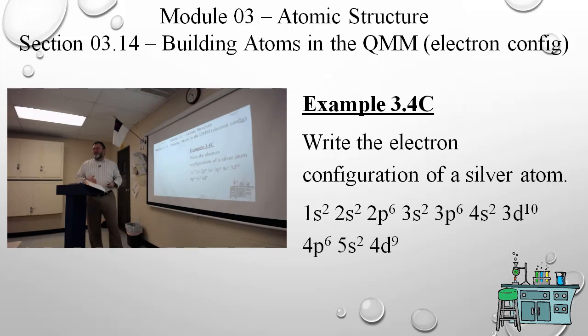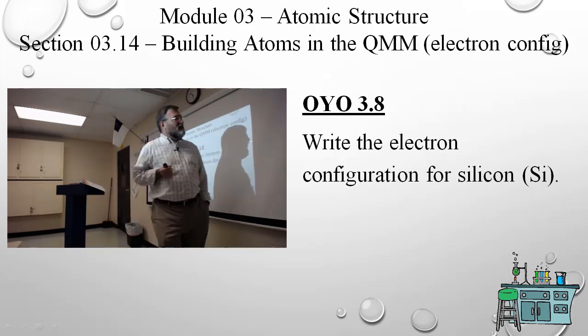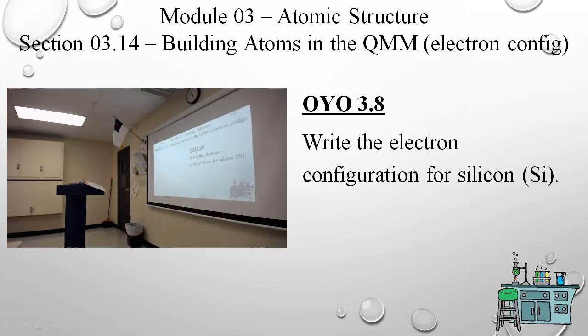So let's go ahead and push it a little bit more. On your own, write the electron configuration for silicon. Go ahead, put it in your notes. Electron configuration for silicon. Now, to help you out just a bit, where is silicon? Atomic number 14. As a hint to the whole class, what is the last electron that gets placed in the electron configuration diagram?